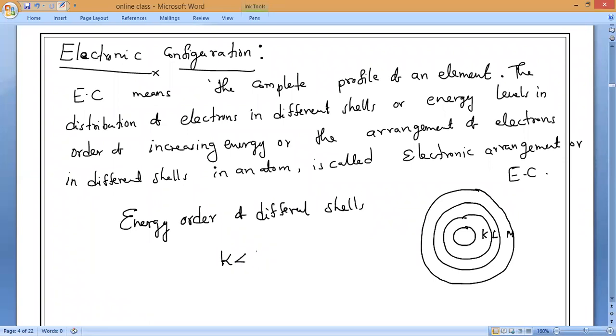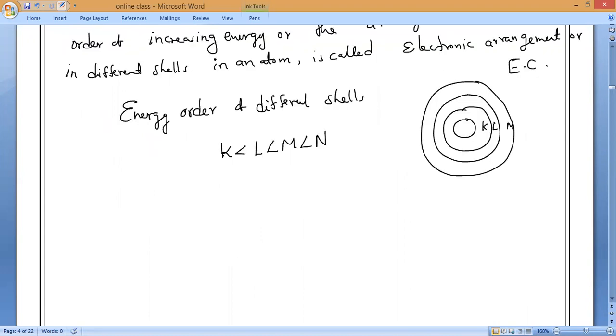K is less than L is less than M is less than N. So which is the highest energy level? N, sir. N shell. That is what you have to remember. Okay, everybody? Clear? Yes? So that is what you have to remember and you have to write it.